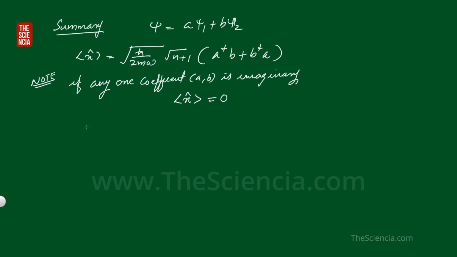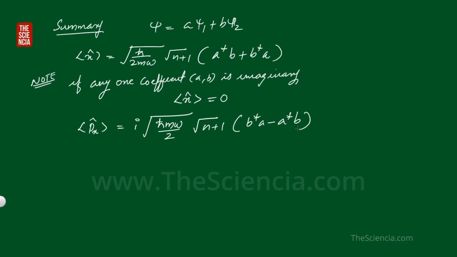Okay, and the second one, the expectation value of Px, that is i root(h cross m omega by 2) root(n plus 1) (b star a minus a star b).